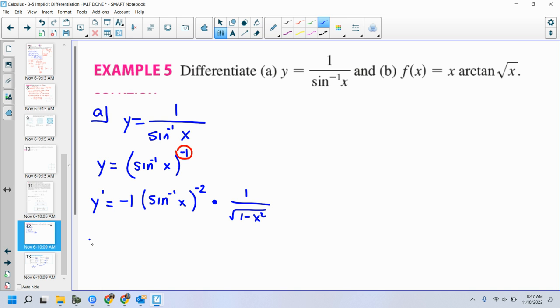So all said and done, this y prime is going to be equal to, looks like I got a negative sitting out front. The only thing left on top is a 1. This inverse sine of x times the square root of 1 minus x squared. Oh, raised to the positive second power. Sorry, forgot that. And that's all I can do to simplify it.